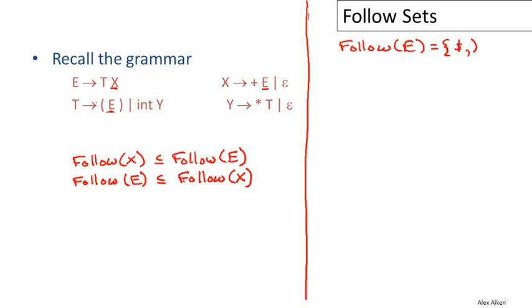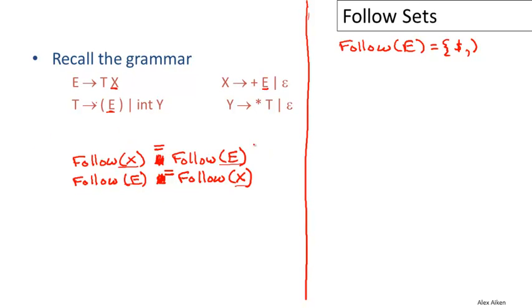And what does that mean? Well, follow of X is a subset of follow of E, and follow of E is a subset of the follow of X. So that really means that these two sets are equal. The follow of X and the follow of E, whatever they wind up being, are going to have to be the same set. And now we've looked at all the places where E is used in the grammar. We've looked at all the places where X is used in the grammar.